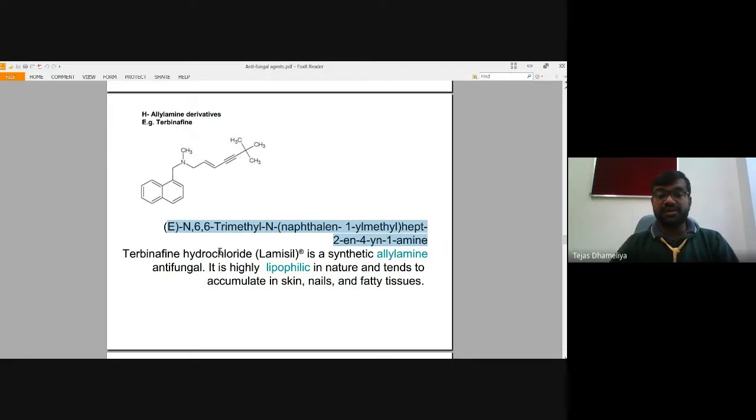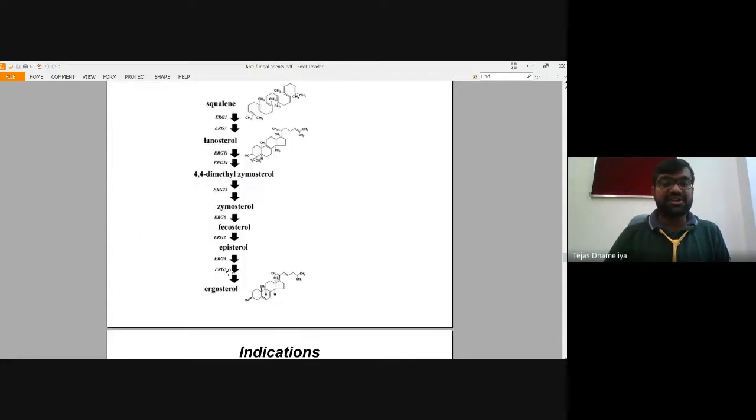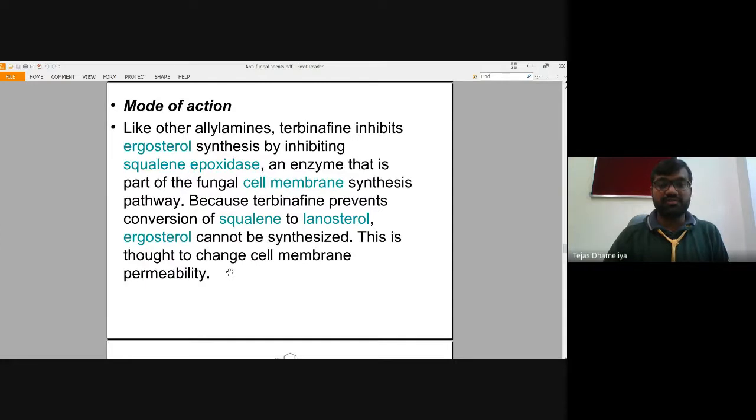This terbinafine hydrochloride is a synthetic allylamine antifungal agent, which we can synthesize in the lab. It is highly lipophilic in nature, which tends to accumulate in skin, nails, as well as adipose tissue. And it prevents the conversion of lanosterol to ergosterol by inhibiting the enzyme called 14 alpha demethylase.